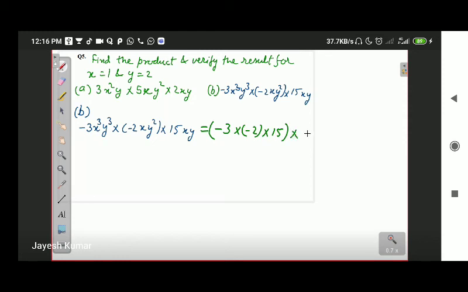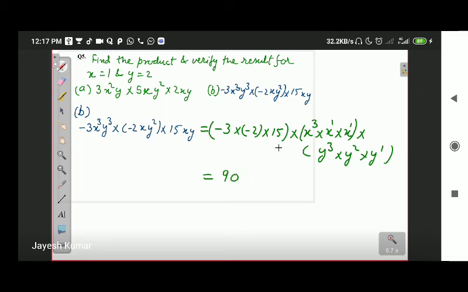Then we will talk about x to the power 3 into x to the power 1 into x to the power 1. Then we will talk about y: y cube into y square into y. So this will be minus 3 into minus 2, that is plus 6, and 15 into 6 is 90.